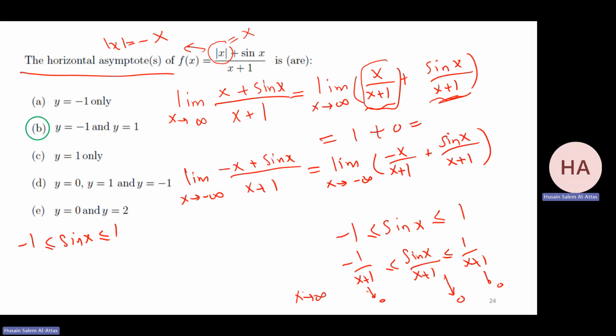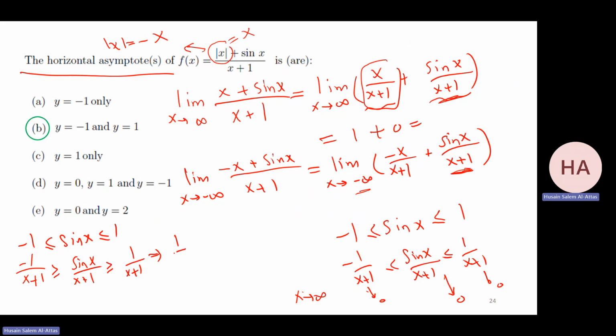But be careful. It will give you the same answer, but to be mathematically correct, I divide by x plus 1. Since x goes to minus infinity, this will be a negative value. So when you divide, you need to change the sign of the inequality. It will not make a big difference. Now we can return it back.